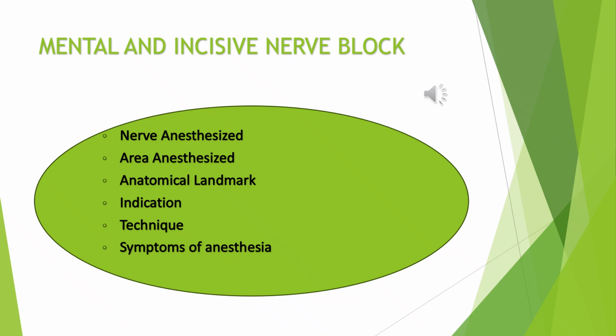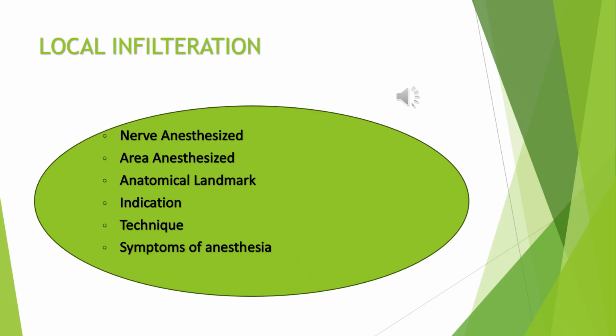Lastly, we come to local infiltration, which anesthetizes the free nerve endings in the immediate area of infiltration. No specific landmarks are needed for this, and it is indicated for incision and drainage in the mandibular area and insertion of pins. For this technique, a 25 gauge needle is inserted subcutaneously and a skin wheal is raised.